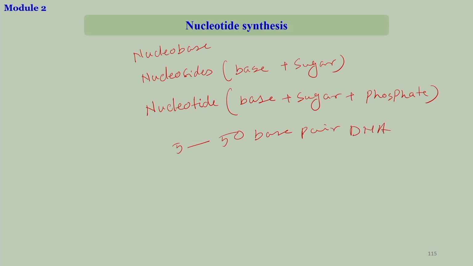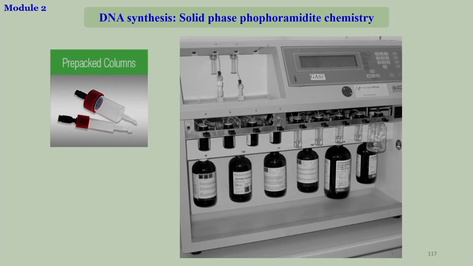DNA. They are very important for working in the biological laboratory or chemistry laboratory. So, we will see now how this DNA can be synthesized in the laboratory, and this is a beautiful chemistry that has been developed by M. Caruthers.